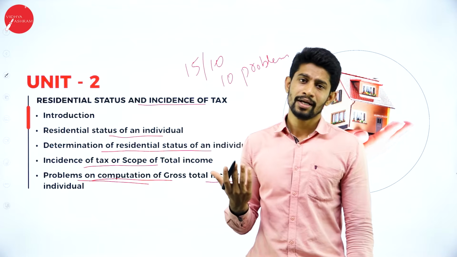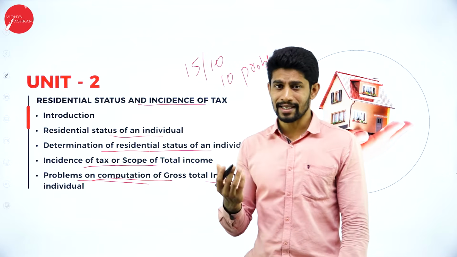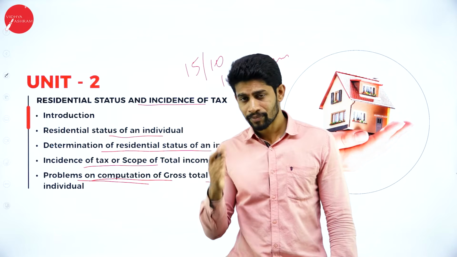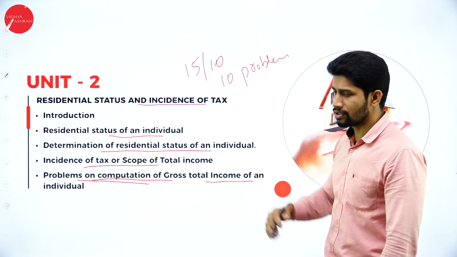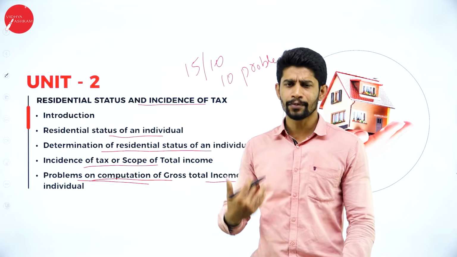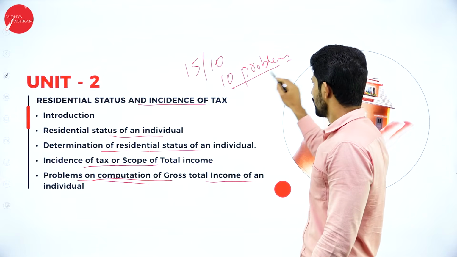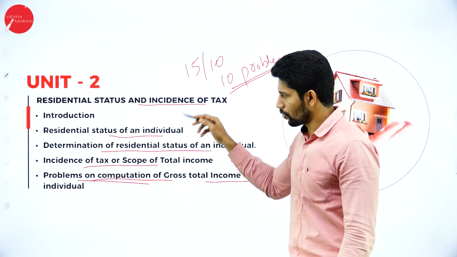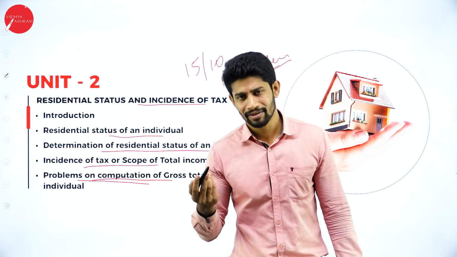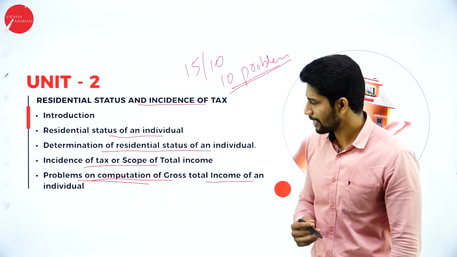This question might be asked in the main exam for 10 marks or 15 marks. In the problem, it is about solving the problem or computing the gross total income of an individual. You might be asked that question for 10 marks. So totally in this unit you can expect it for 20 marks or for 25 marks.